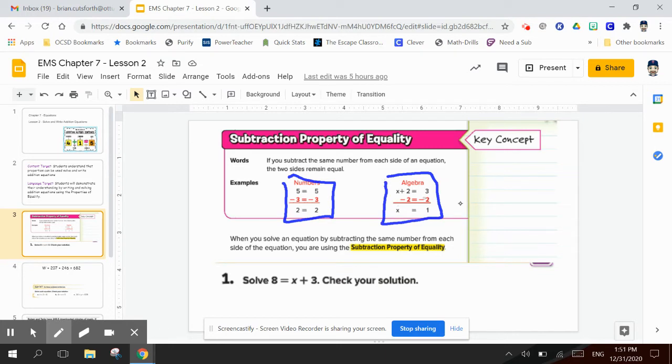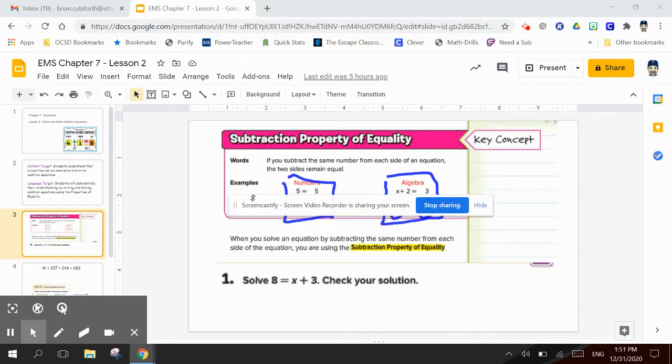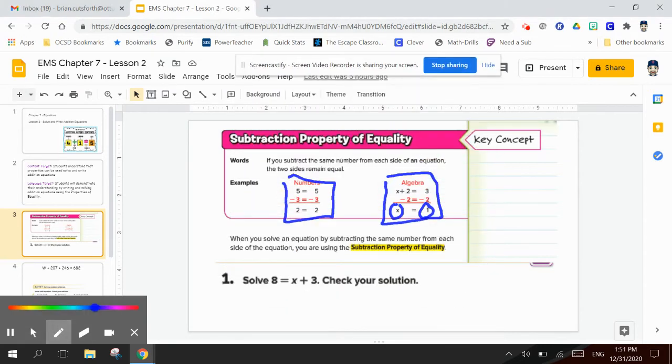And even if I subtract 2 from both sides, leaving the variable by itself, we still get our solution, which is 1. So when you solve an equation by subtracting the same number from each side of the equation, that means the left side of the equal sign and the right side of the equal sign, you are using the subtraction property of equality.